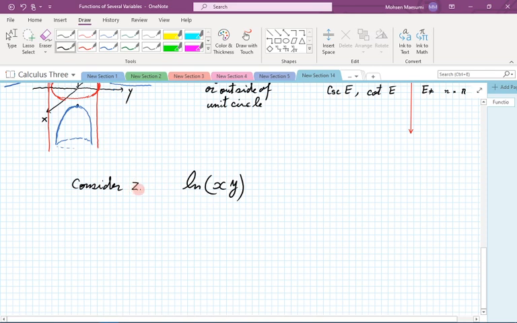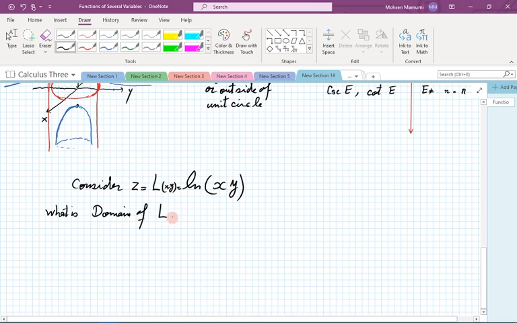Call this z is equal to L of x and y, the logarithm of x times y. You can give any name here you want. So the question is, what is the domain of L?